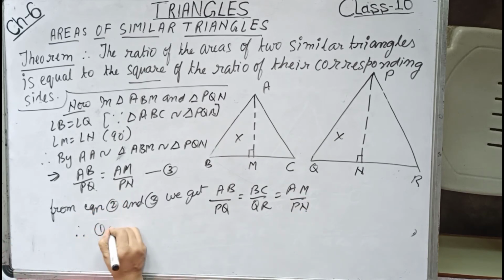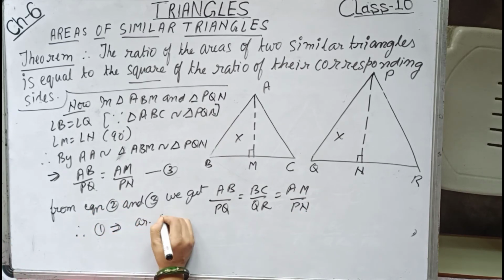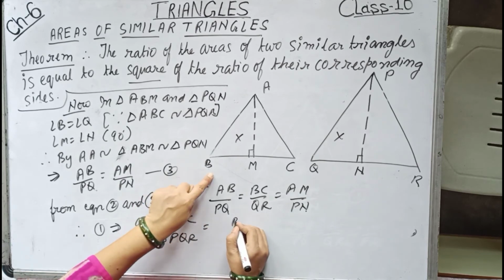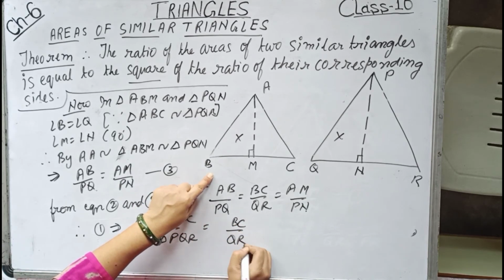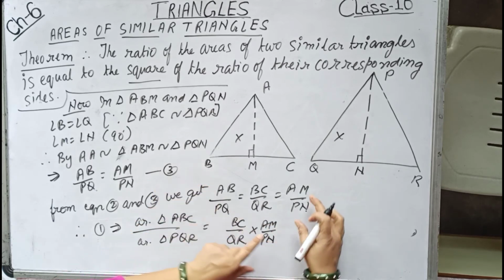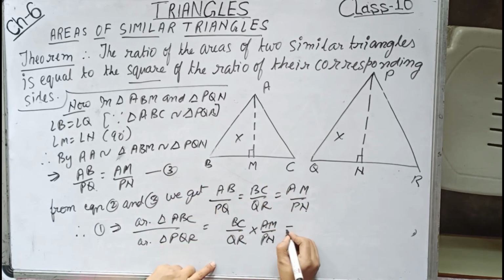Therefore, 1 implies area triangle ABC by area triangle PQR equals, how much was it coming? BC by QR into AM by PN. Now in place of AM by PN, I can write BC by QR.